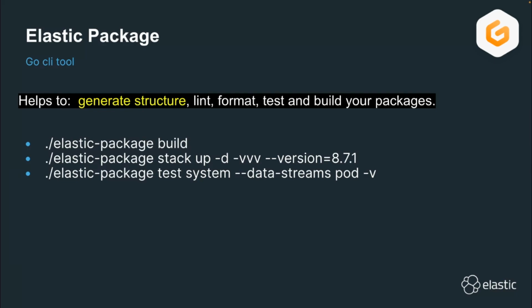Maybe you misspell a folder, or you don't include all the needed files inside the folders. Elastic Package is here to format and create the folders for you, and we also keep enhancing the tool to help us test things and create stuff. We will see how to run specific tests inside the integration. So this is a tool to help developers.